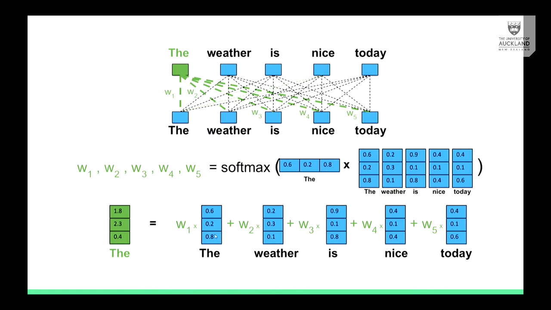Ideally, when you take the dot product of a vector with all these vectors, obviously this value will be the highest because it's the same. Then the question is, what is the closest vector to this vector?